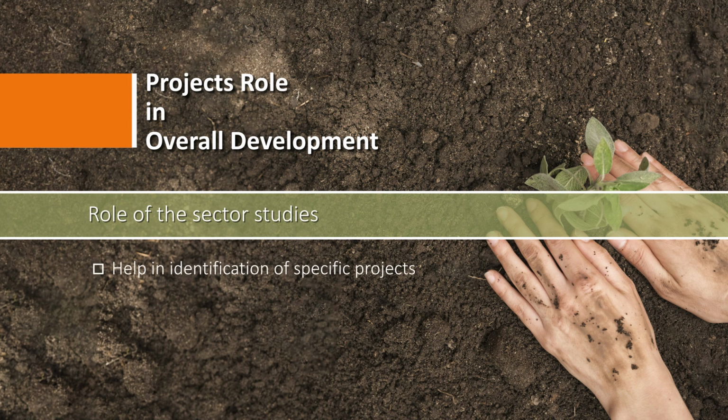Basically, sectoral studies help in the identification of specific projects, particularly when you study the sectors, their resources, their problems, their means. Through the sectoral study we can identify the specific project which will be useful in the future while implementing the national development agenda or objectives.